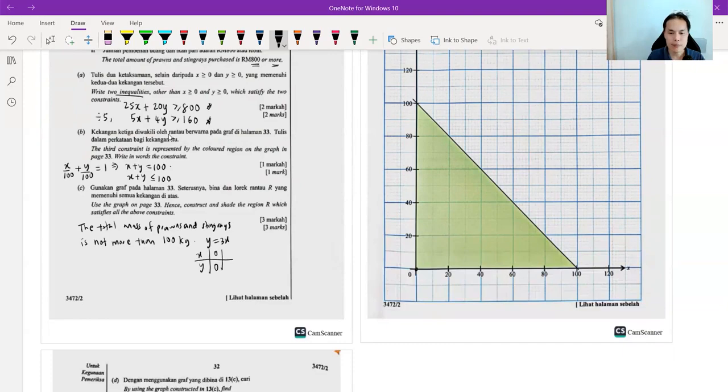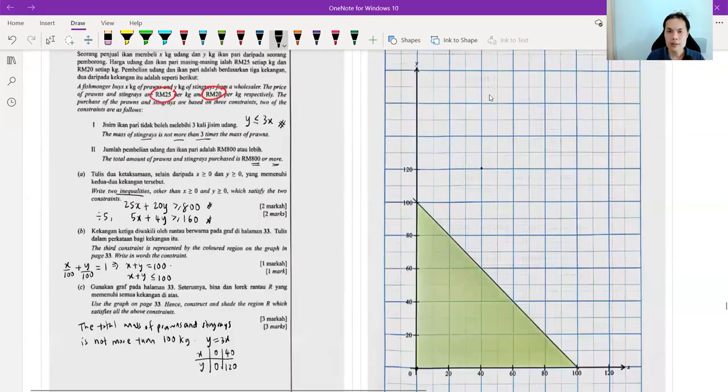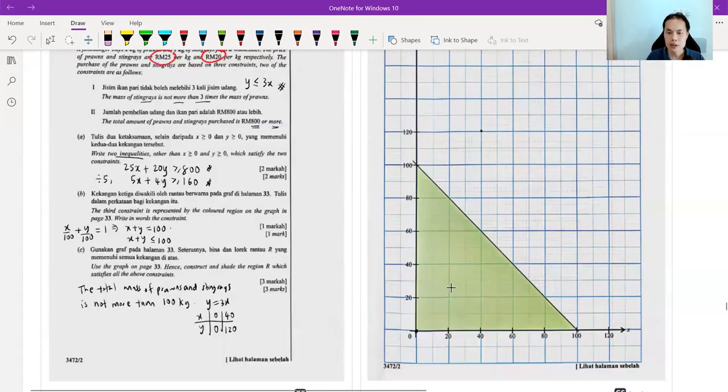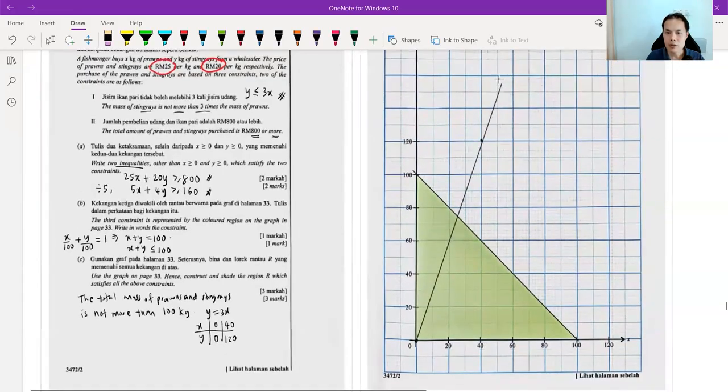So we know the first point is here. Now the second point can take any value if you like. Maybe I put x equals 40, your y will be 120. So it's over here, right? So we're supposed to draw this straight line here. Make sure it passes through 0 and this point here. Don't draw anything bigger than that. I think this is good enough. This is y equals 3x.